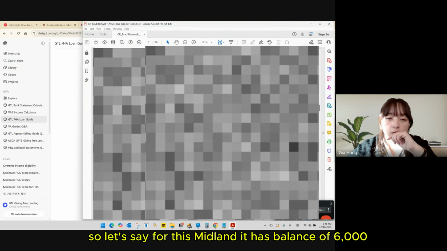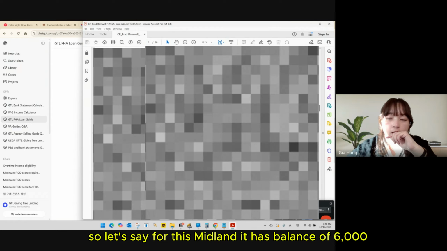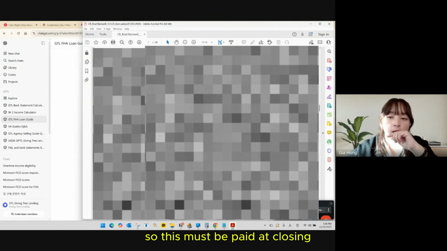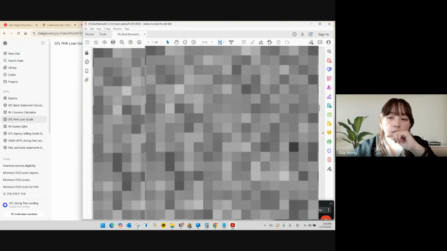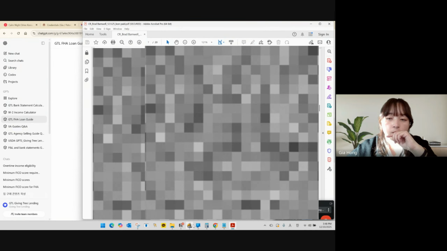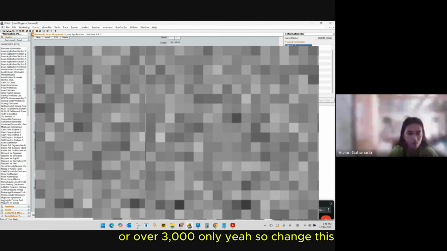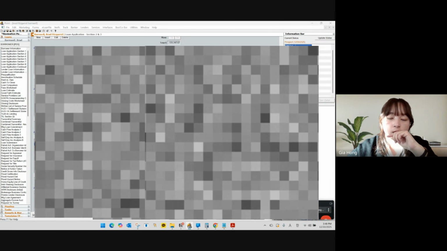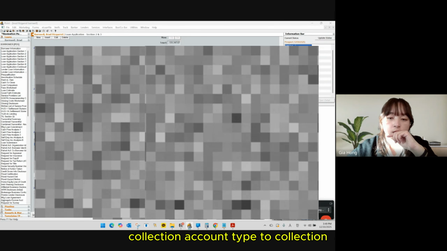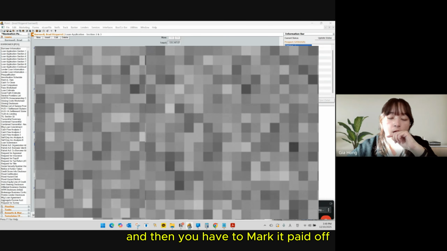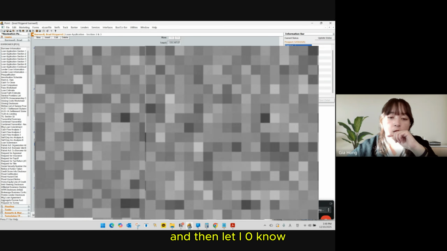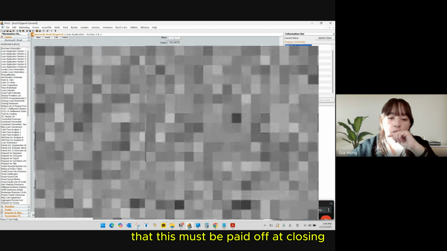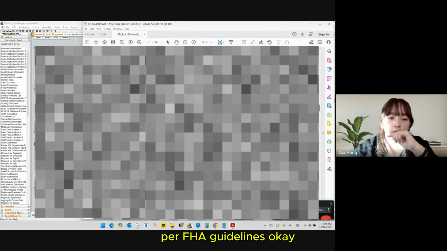So let's say for this Midland, it has a balance of 6,000. So this must be paid at closing. Or over 3,000 only. Yeah. So change this collection account type to collection, and then you have to mark it paid off, and then let LO know that this must be paid off at closing per FHA guidelines.